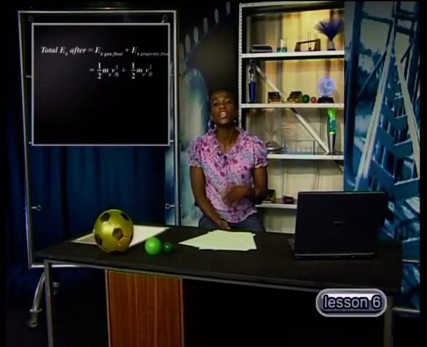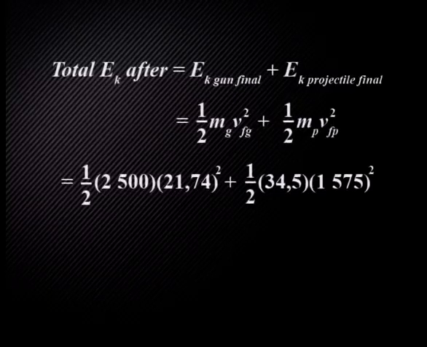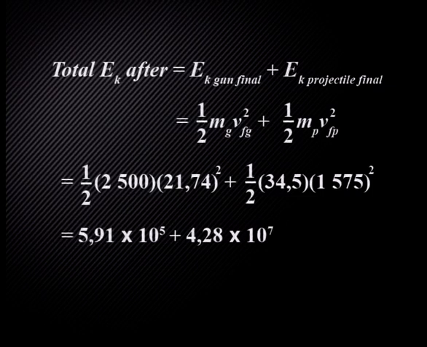When we substitute in what we know from our list, we have a half times 2,500 times 21.74 squared plus a half times 34.5 times 1,575 squared. This gives us 5.91 times 10 to the 5 plus 4.28 times 10 to the 7. The total kinetic energy after the explosion is 4.34 times 10 to the 7 joules.